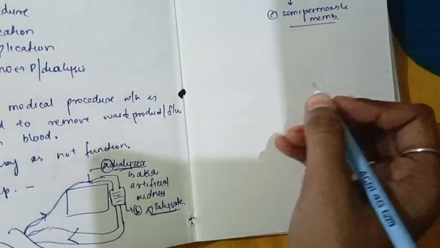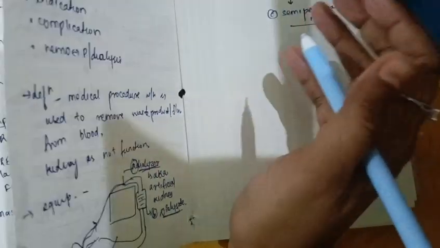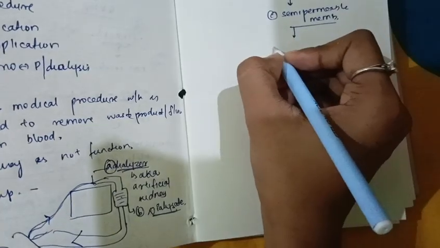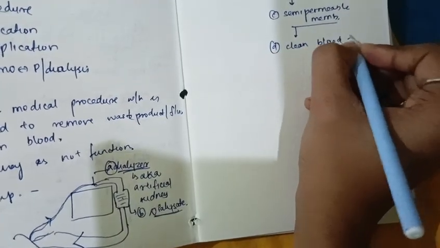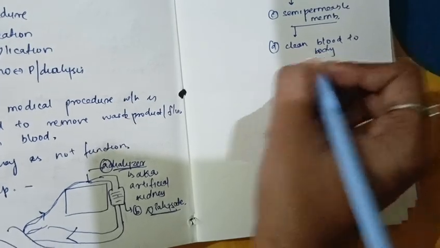This membrane filters out the extra waste in the body, and then finally it returns clean blood to the body. This is the principle.